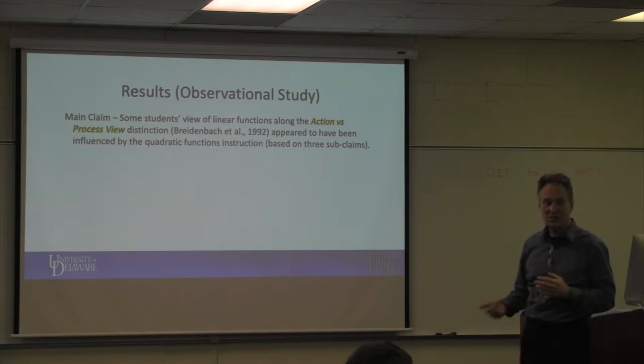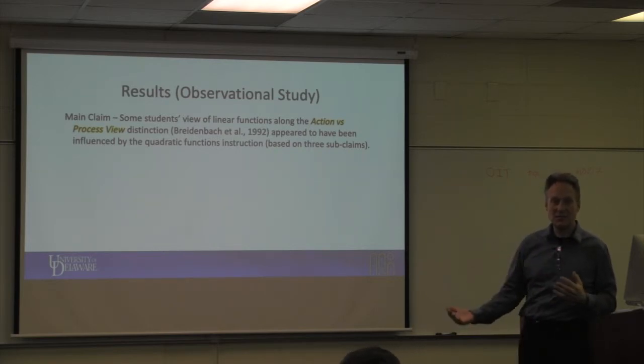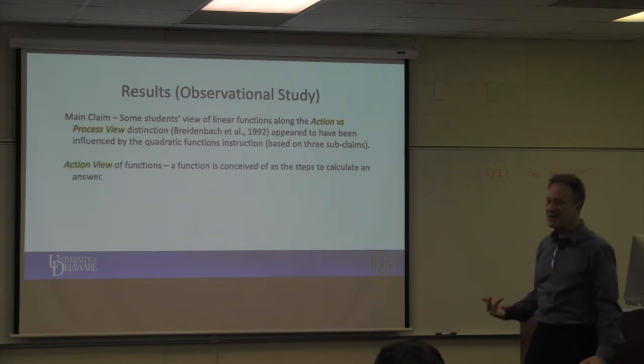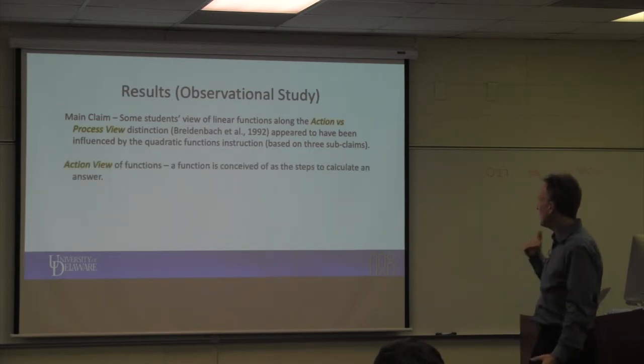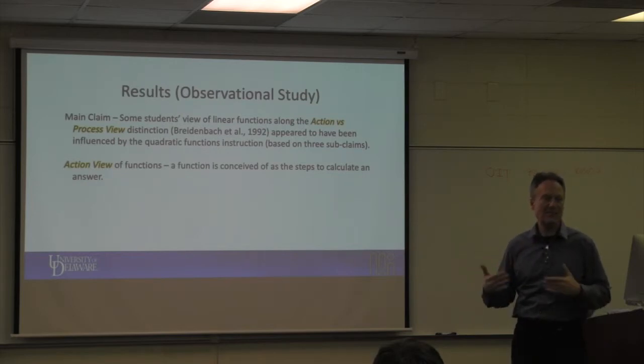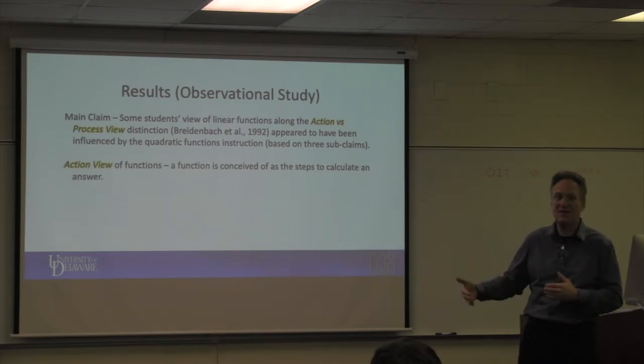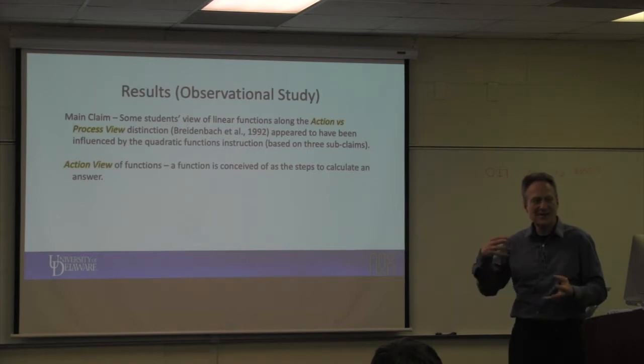And so here's where I'll just briefly explain the distinction between an action view and a process view. From an action view of functions, you would think about a function as being basically the calculational steps to get an answer. So it's basically just a calculation. You could do the steps repeatedly, that's fine, but the steps aren't really seen as being connected in any way.